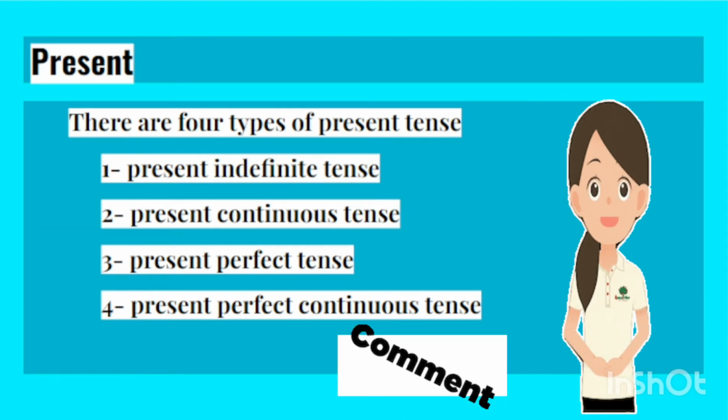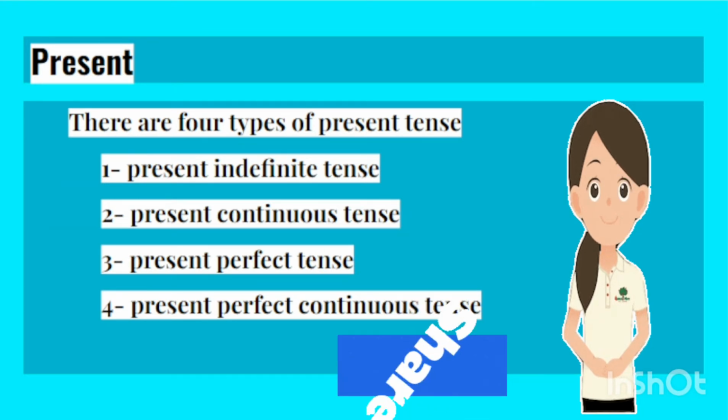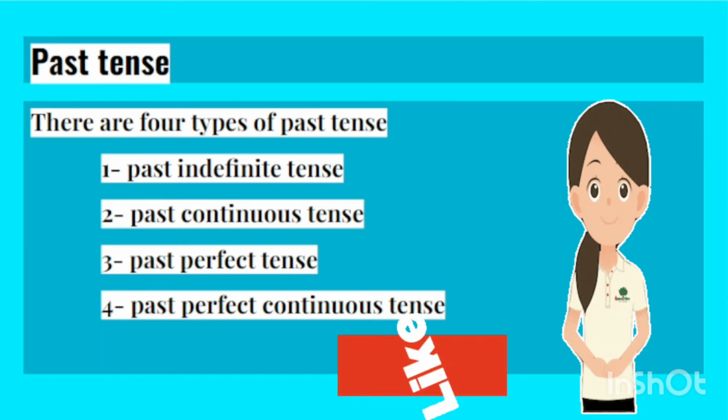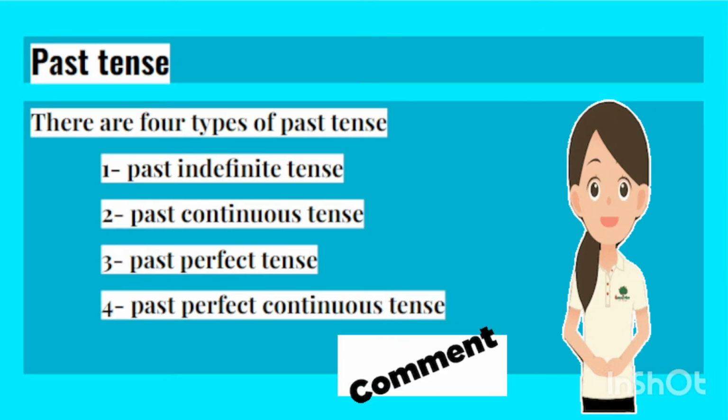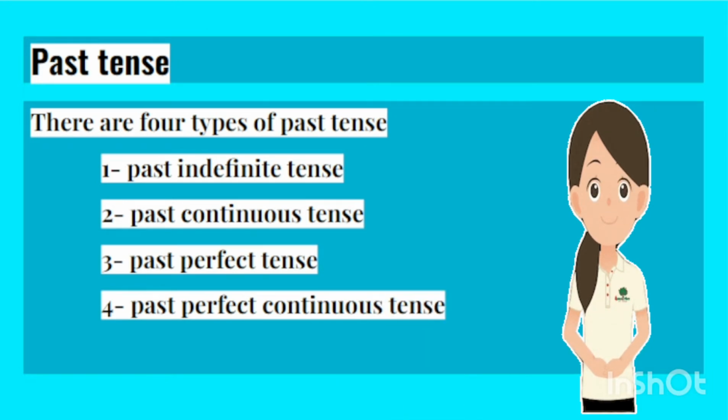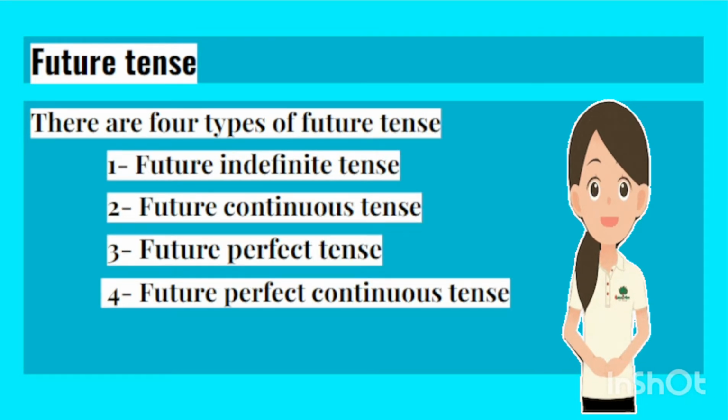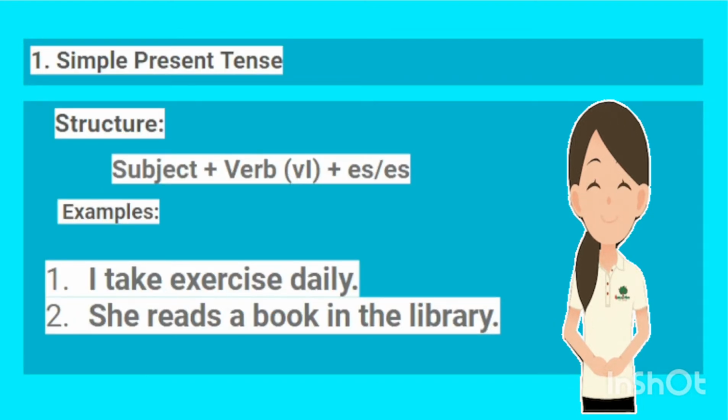The simple present or present indefinite is one of the verb forms associated with the present tense in modern English. Past indefinite tense, past continuous tense, past perfect tense and past perfect continuous tense. There are four types of future tense: future indefinite tense, future continuous tense, future perfect tense and future perfect continuous tense. This way we get total possibilities of 12 tenses in English grammar.